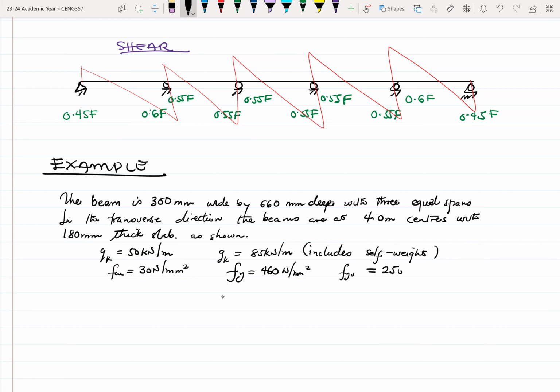This is 250 newtons per millimeter squared, and this is for the links. So we are being told that the minimum cover to reinforcement is 20 millimeters. Okay.